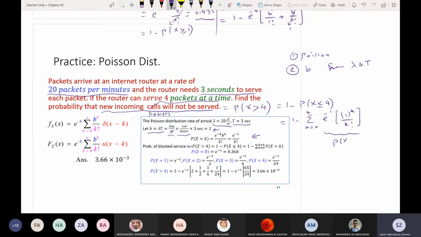Every one of these is the probability of X equal K. The final answer is 3.66 times 10 to the minus 3.